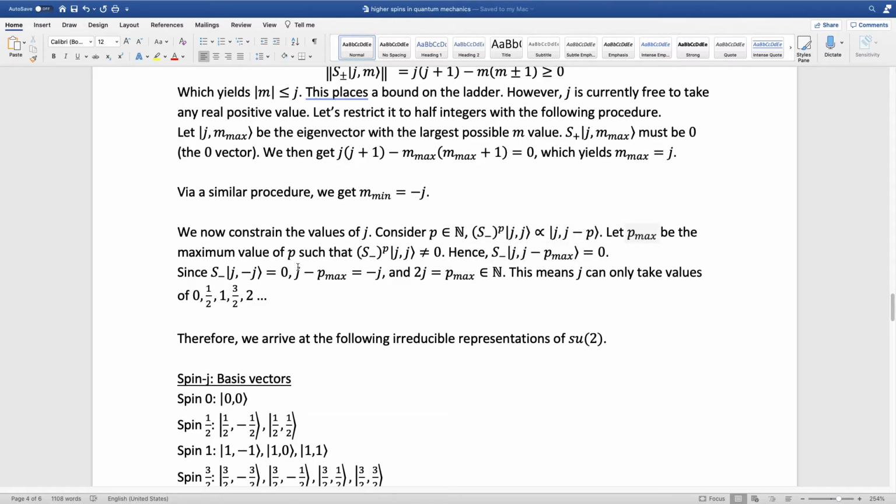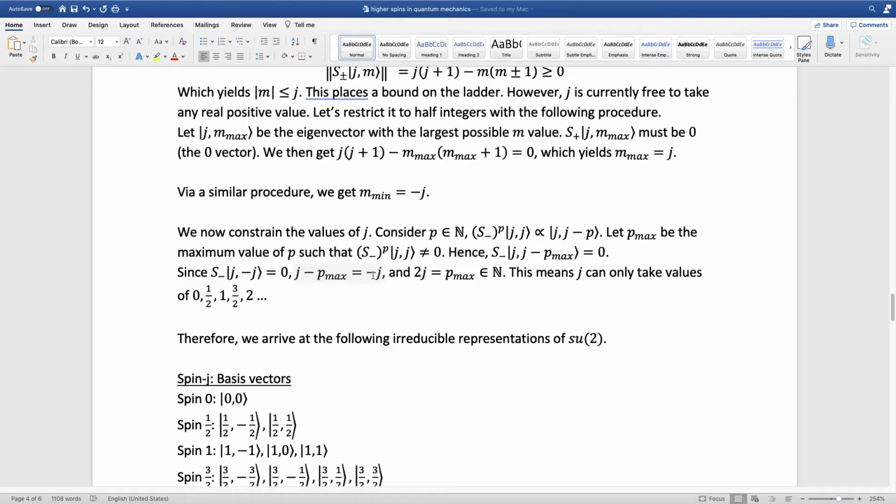Now let p max be the maximum value of p such that it is not completely gone, and hence if we do it one more time to this eigenvector, then it will be annihilated, by the definition of the maximum value of p.